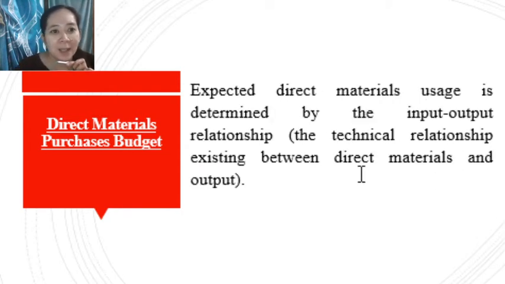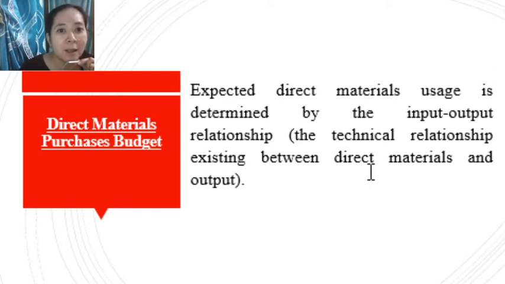So expected direct materials usage is determined by the input-output relationship. This is normally the technical relationship that exists between the direct materials and the output, meaning if the company expects to produce that number of units, it will correspond with the number of materials to be used.